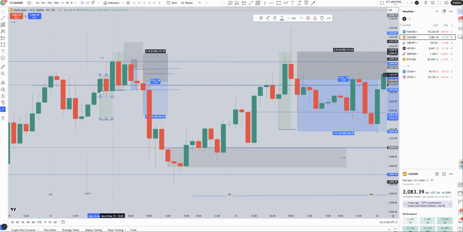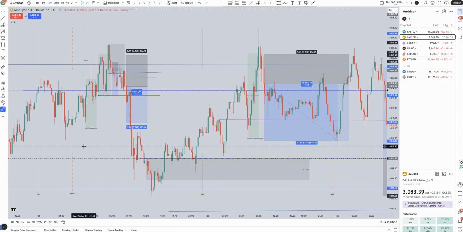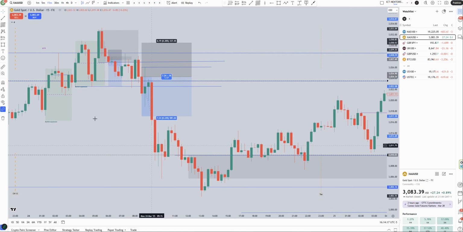Maybe this. OB, nothing special. Okay, I'm guessing this is definitely a 5 minute. Confirms the OB here. I'm guessing I sold on the 5 minutes. Oh, actually 15 minutes, M15. So this is here, and we can go there to check what I did because I put it there.